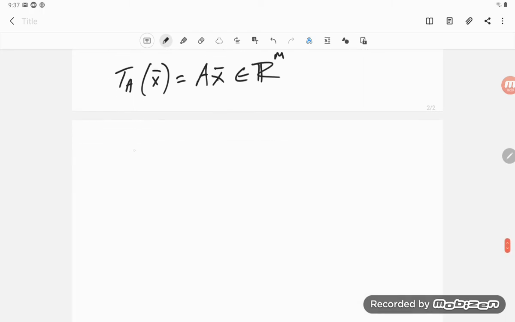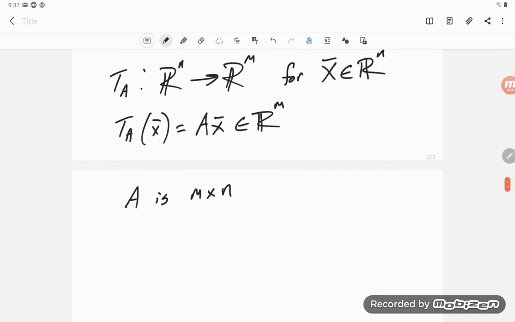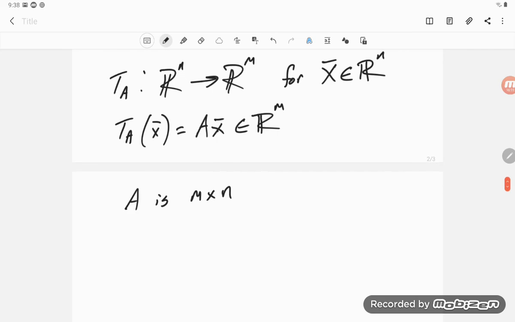And what that means is A is m by n, with m rows. Because the original x has n rows, it gets multiplied by an m by n matrix.